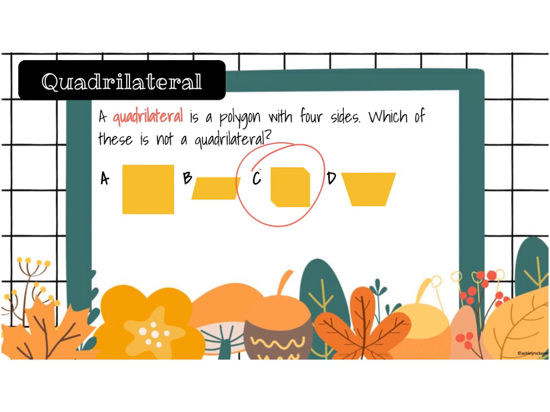How many straight sides does it have? 1, 2, 3, 4, 5, 6. This is a hexagon, but it just looks weird. It's not a regular hexagon. Not all sides are congruent. So C is the one that is not four-sided. All the other ones are.